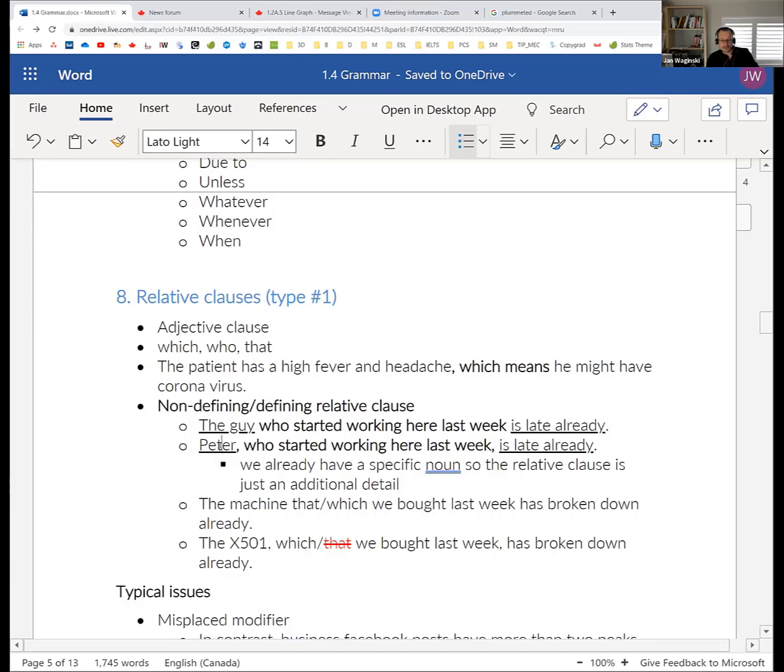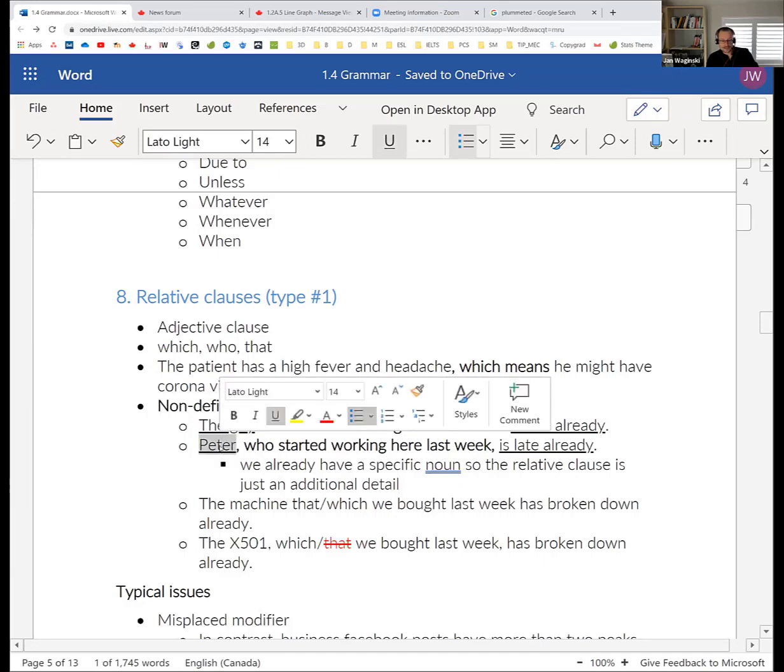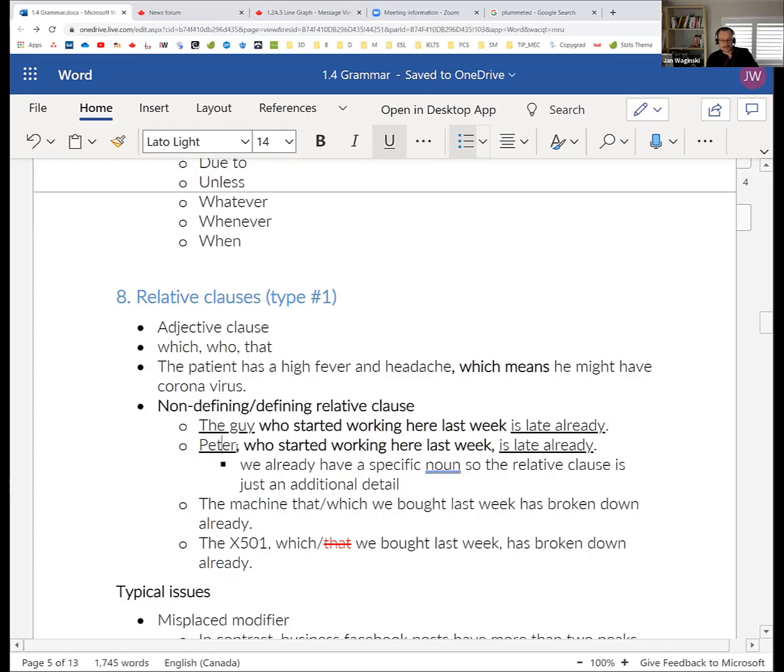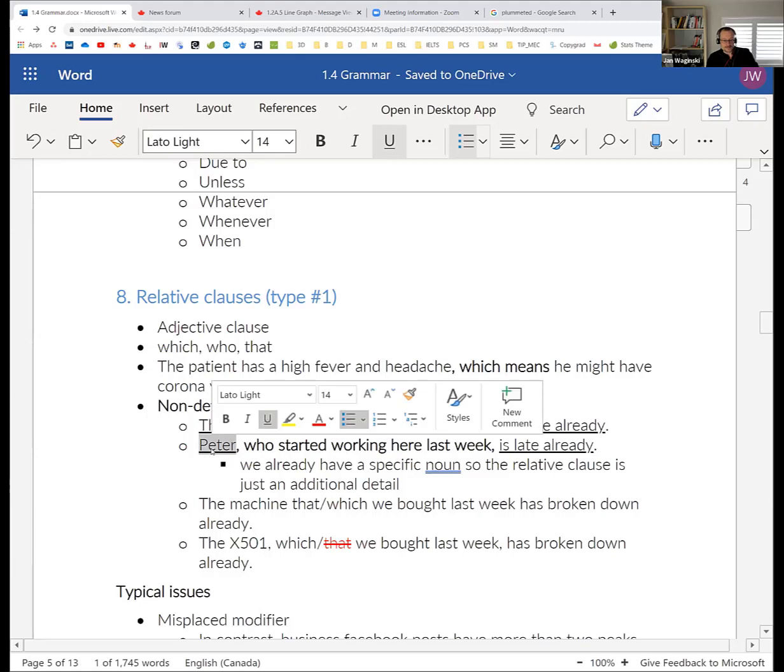Yeah. Peter's specific already. If you say Peter is late already, I know who you're talking about. So just as Dina said, this is an additional detail. But if you say to me, the guy is late already, I'm going to say, which guy? Then you have to specify the guy who started working here last week. Right, so this noun is non-specific. Peter is very specific.